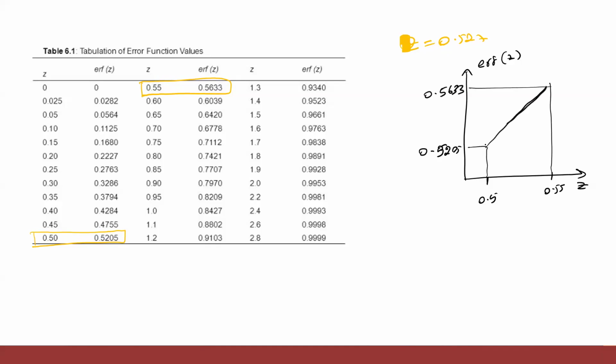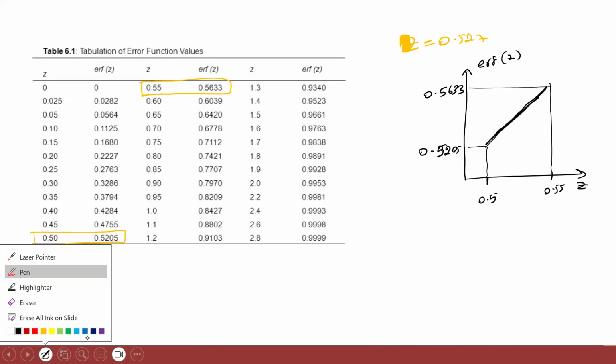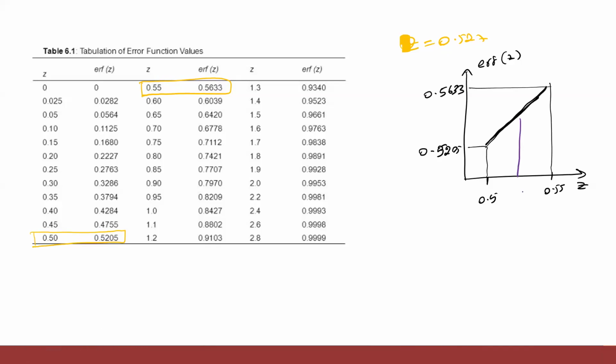So we can assume it is linear here. And we need to find that corresponding value when the Z is 0.527. So how can we find it? Yes, you consider the slope. Slope is the same. So you can write the slope using this triangle.